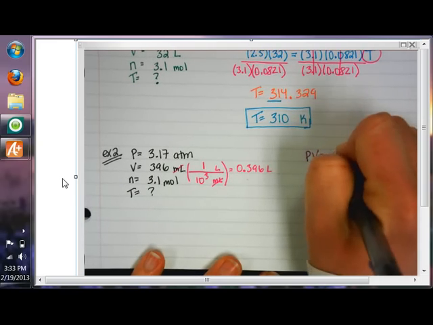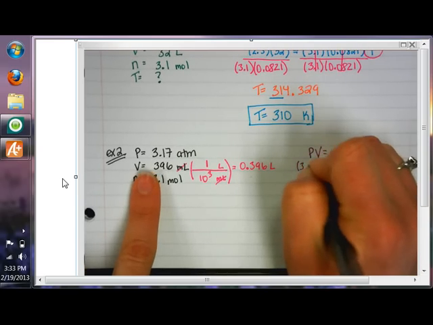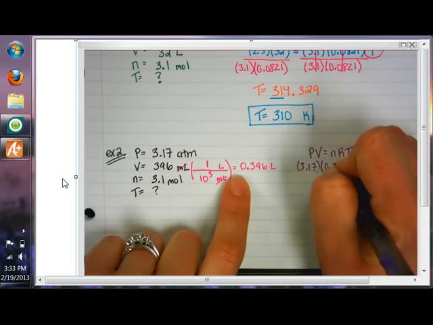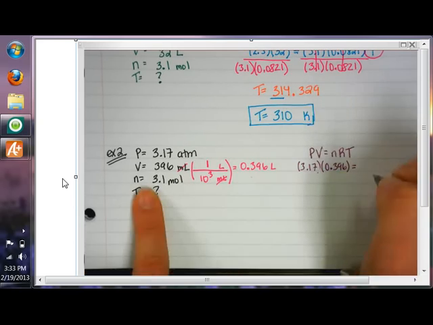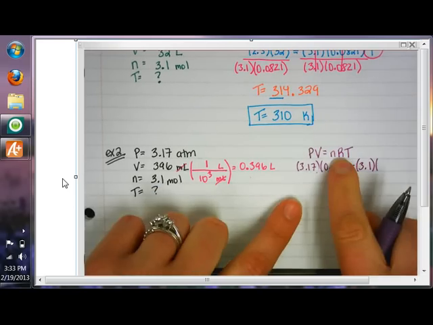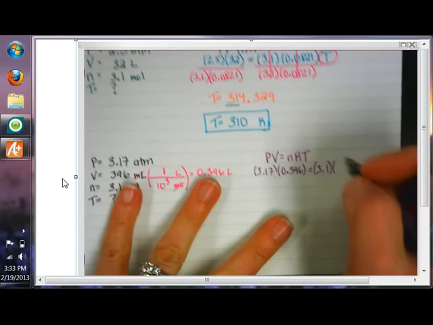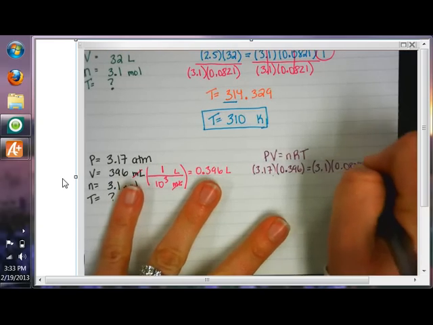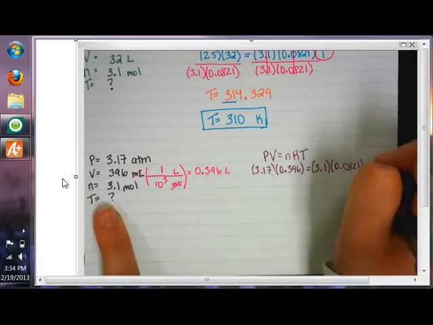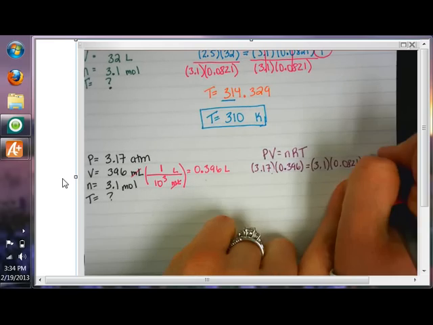So I've got my formula: PV equals nRT, where pressure is 3.17, volume is 0.396, n is 3.1, and R is always this number, 0.0821. And temperature, that's what we want to find, so I'm just going to leave T there.